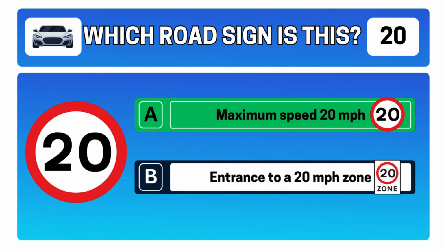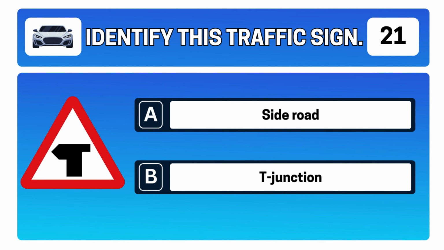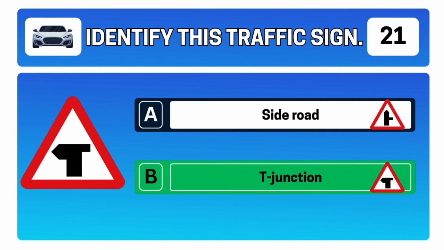Perfect. It is the maximum speed 20 miles per hour sign. Identify this traffic sign. A. Side road. B. T-junction. Right. It is the T-junction sign.